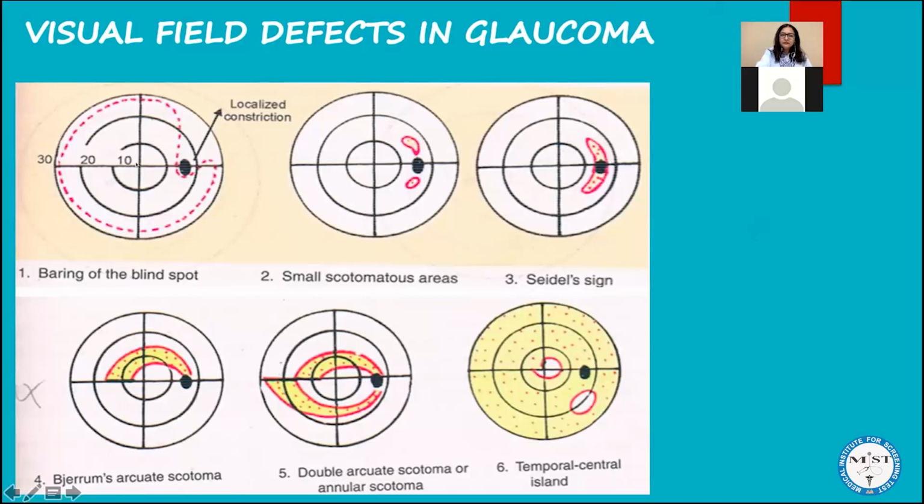Okay, this part of the visual field is known as the central fixation point. This black dot which you are seeing over here is your blind spot, and the 30-degree field around the fixation area is the area where the defects or the scotomas will be seen.